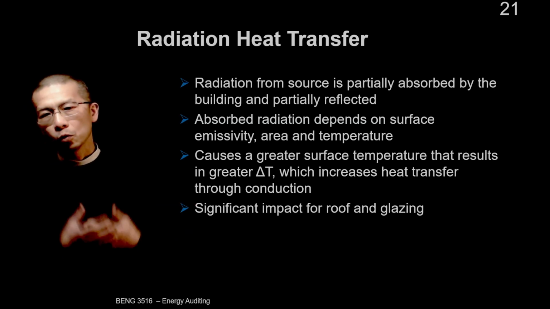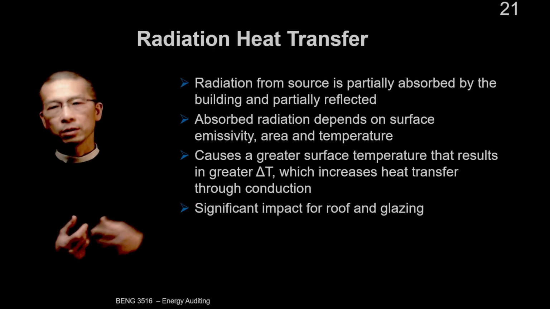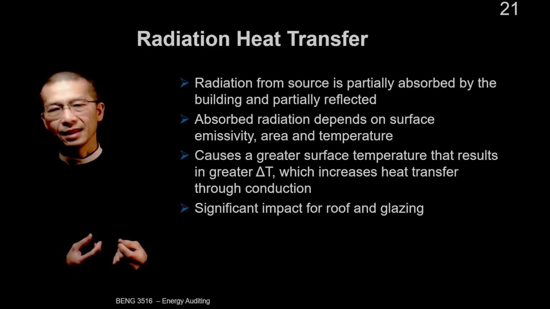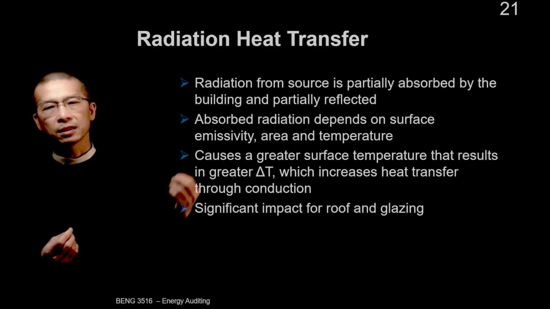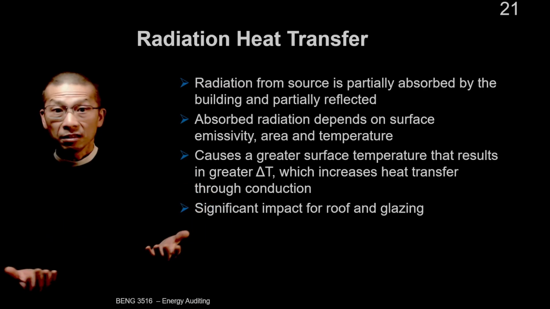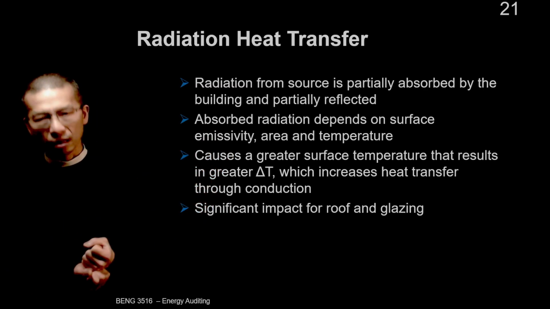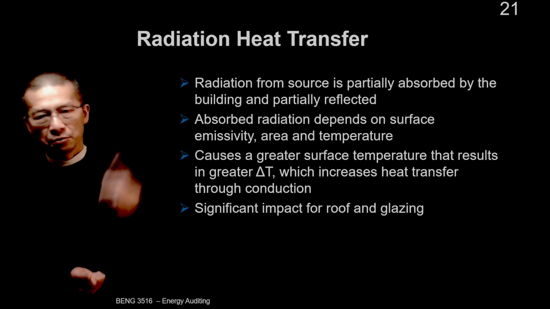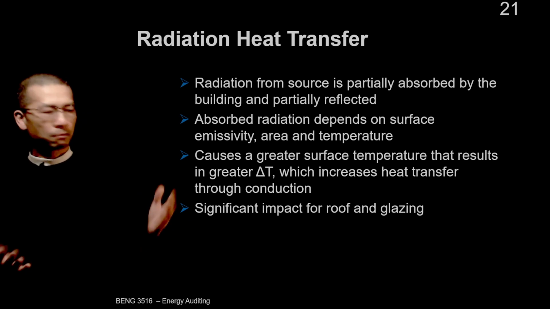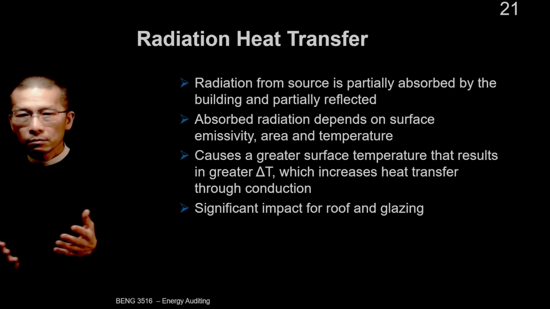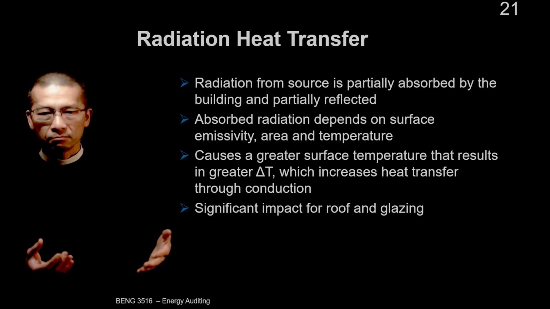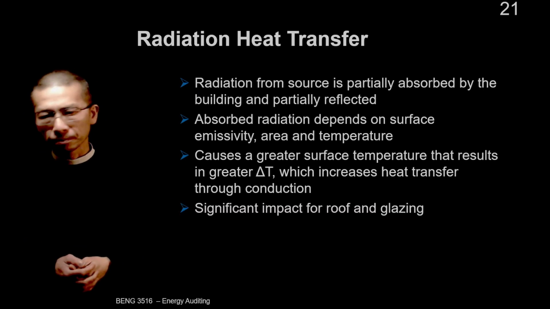Okay, so we focus on radiation in two areas, right? The roof and the glazings. For the roof, we look at the exterior color. Is it dark color or light color? Dark color will definitely absorb a lot of heat, increasing the surface temperature. For windows, we look at orientations and maybe blinds, shadings, curtains.